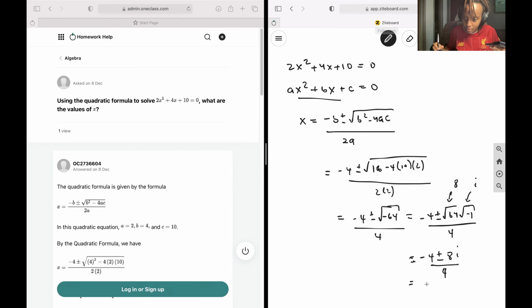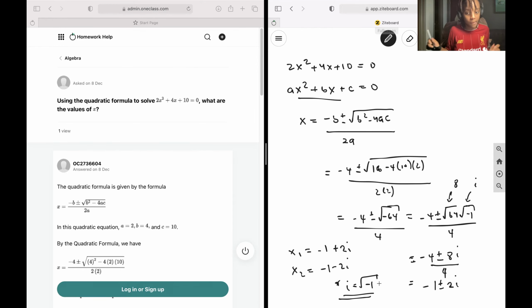And this is going to give us negative 1 plus or minus 2i. And so we get x1 is equal to negative 1 plus 2i. x2 is equal to negative 1 minus 2i. And let's just make a note that i is equal to the square root of negative 1 for those who are not aware. And those are our answers.